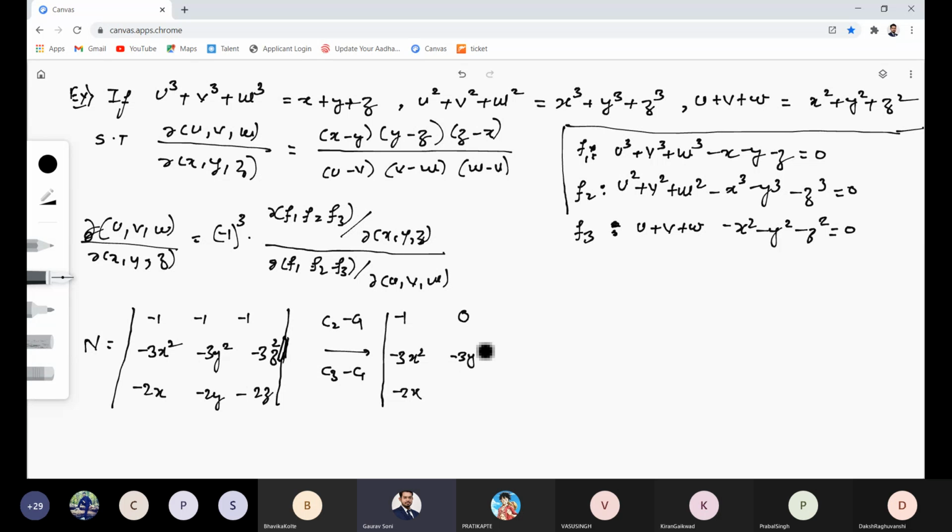Minus 2y plus 2x. Third one 0. Minus 3z square plus 3x square. And the third one minus 2z plus 2x.